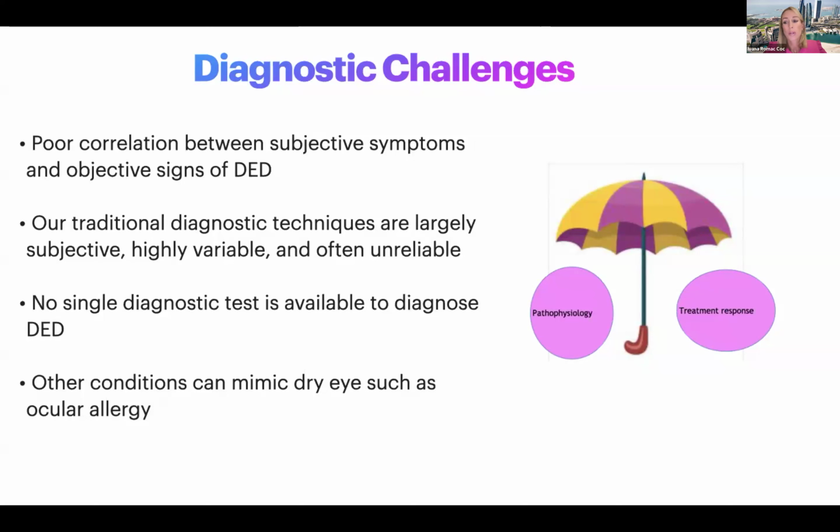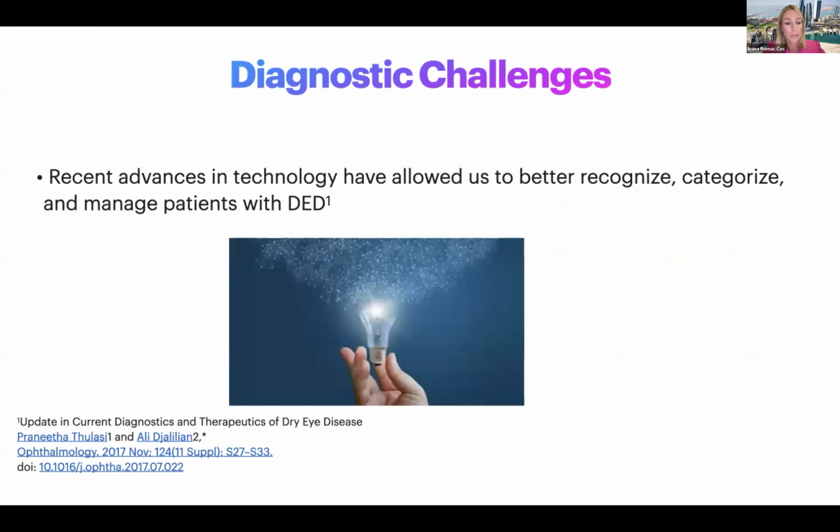We have some patients complaining about burning, pain, discomfort. Others are complaining about visual disturbances. And also there are many different clinical signs. So dry eye disease is more like an umbrella term that incorporates different diseases with different underlying pathophysiologies. And these different diseases have a different response to different treatment options. So our role is to make a correct diagnosis and to choose the optimal treatment for our patient.